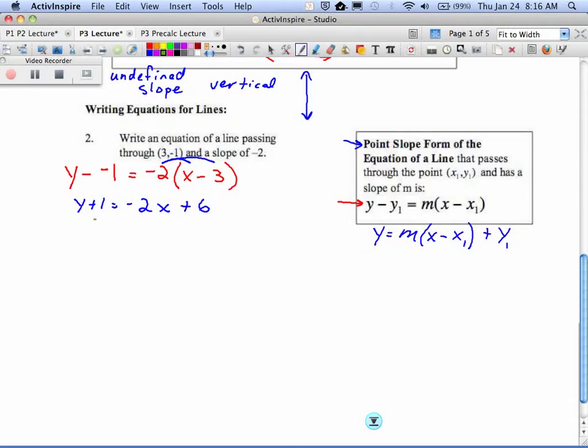Subtract 1. And I get y equals -2x plus 5. So this is what I talk about. We simplify. The most common way to do it is simplify down to slope intercept form.